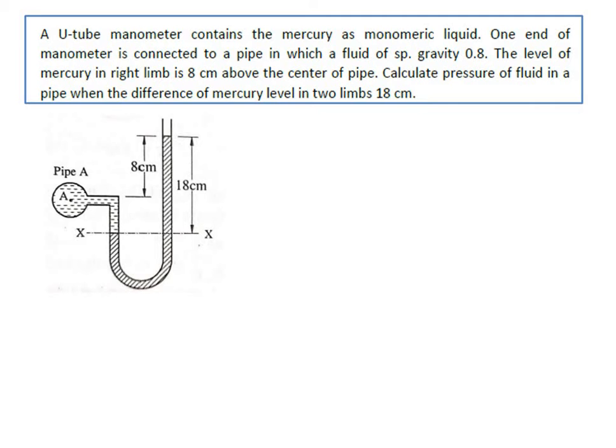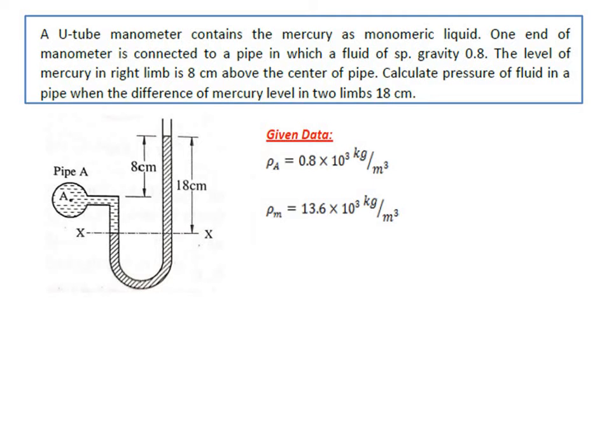So at a particular point A, to measure the pressure, a U-tube manometer is connected. Now from the datum, the height is 18 cm, and the rise of mercury level from its position is 8 cm. Again they have given the specific gravity of the fluid as 0.8.